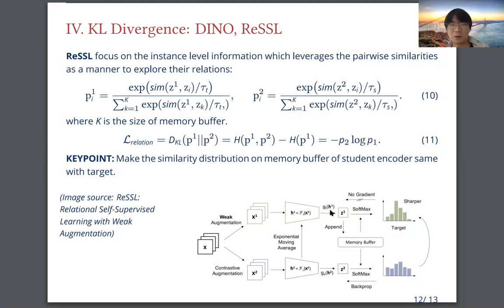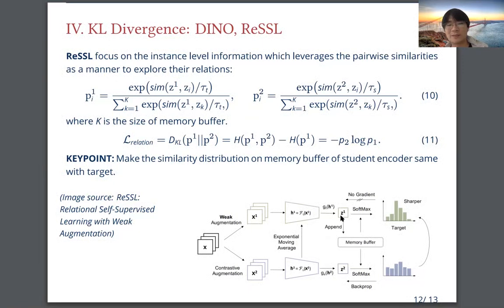So we can get the momentum encoder representation, which we call Z1, and the other, the normal encoder or student encoder, we call Z2.